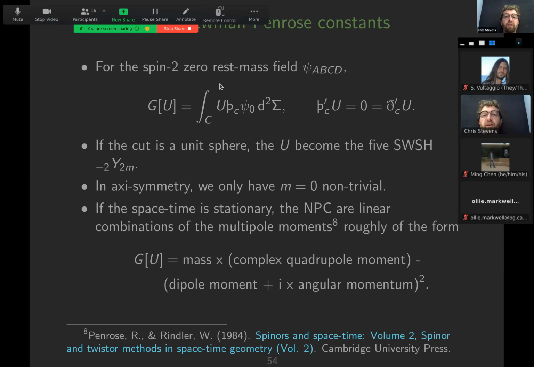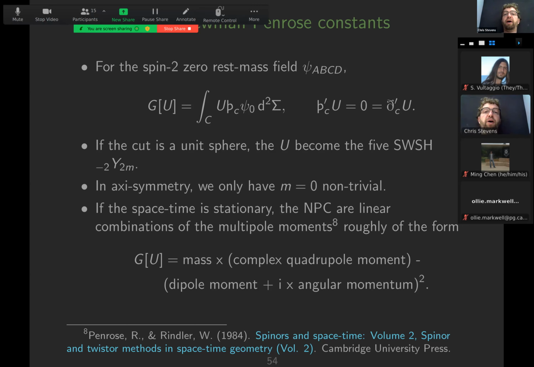Well, there's 5 choices for you, so you're going to get 5 numbers. These 5 complex numbers do not change no matter which slice you take, and no matter whether your space-time is dynamical and it's wobbling about, whatever. These numbers are going to remain the same.